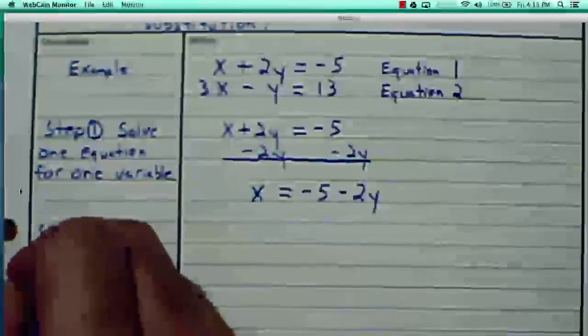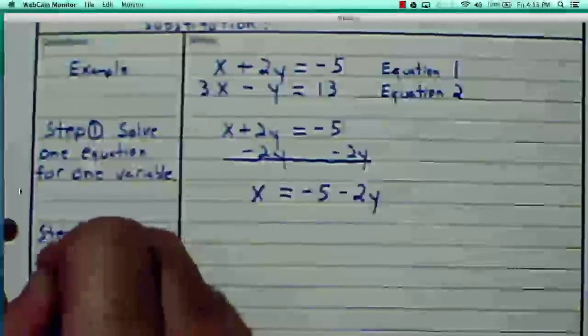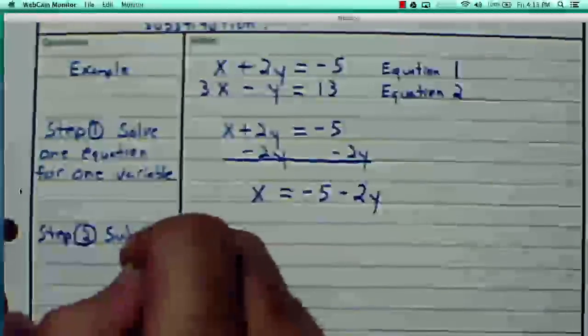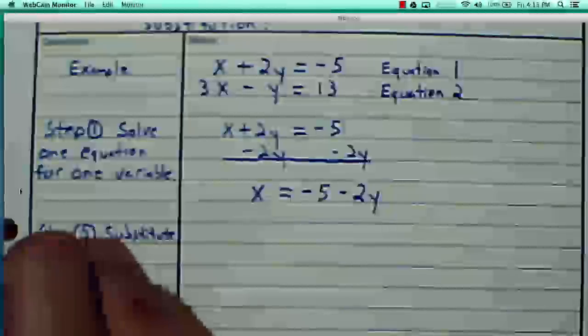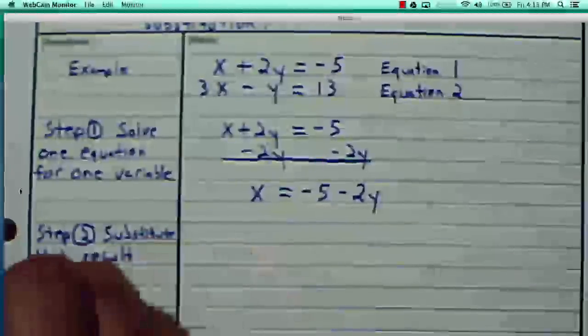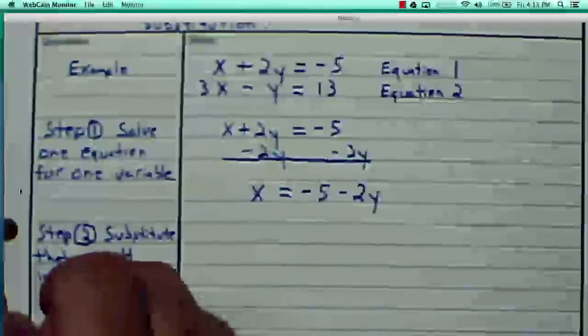Step 2. Substitute that result into the other equation.